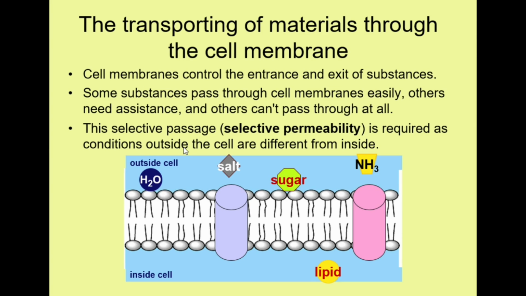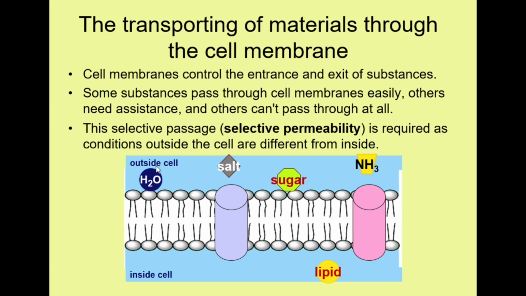Now water's a bit of an oddity. A lot of very, very small molecules can actually pass directly through the phospholipid bilayer, so things like carbon dioxide and oxygen can just pass freely through because they're so small. And water's a really small molecule as well. Its problem though is this hydrophobic center, these hydrophobic tails in the middle of the phospholipid bilayer.